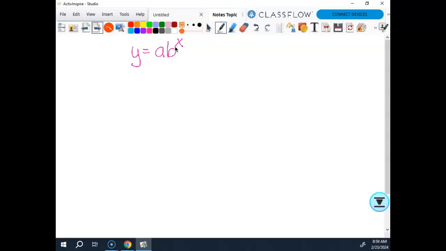So if I want to take this and do a log with it, then just like any other equation you ever do anything algebraically with, whatever you do to one side, you have to do to the other. So on this one, I'm going to take the log of both sides. This is going to give me the log of y equals log of a times b to the x power. Okay? So whatever I do to one side, I do to the other.